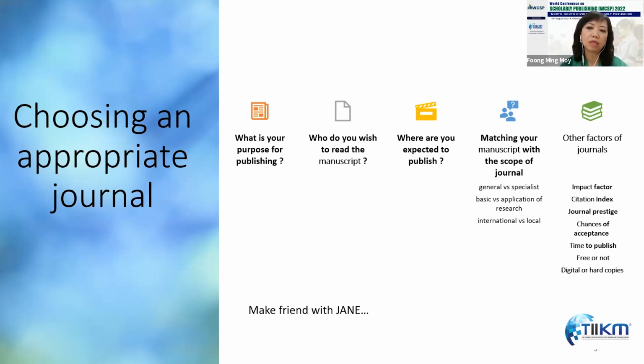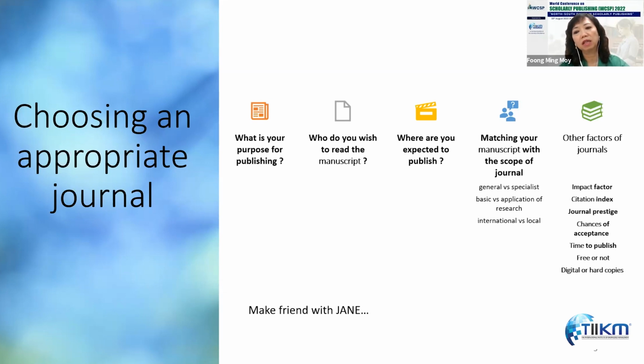So when you select journals, you have to be careful, and you need to match your scope of studies as well as the university requirement or your employer's requirement of where it should be published.